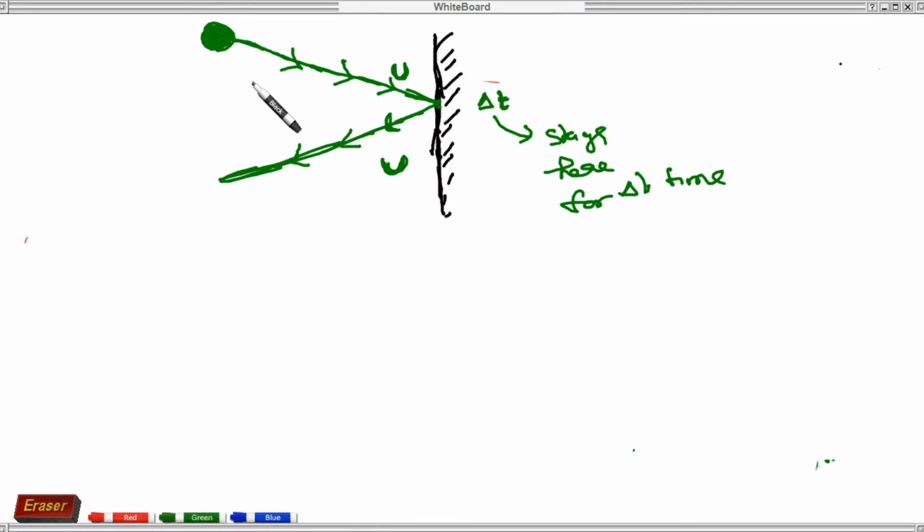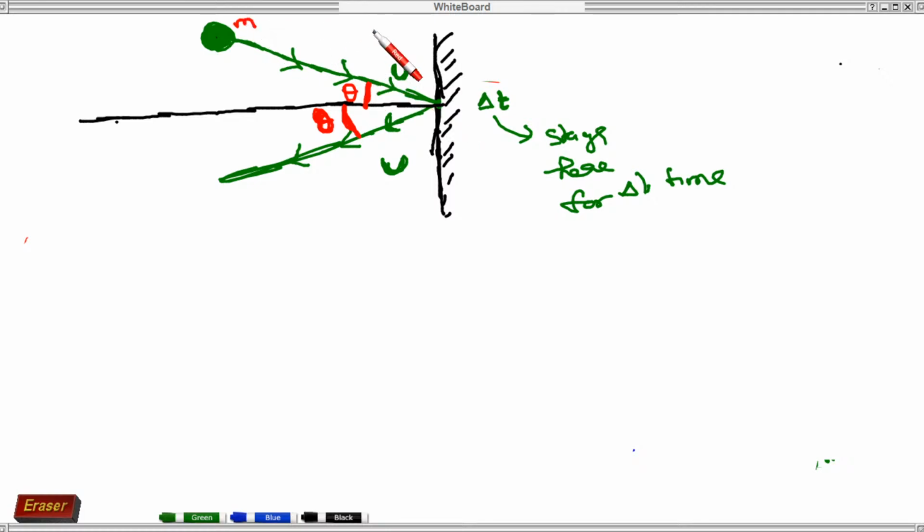The angle of strike we are considering is theta for this one, and theta for this one also. So you can see the ball strikes this wall. Suppose the mass of this ball is m.